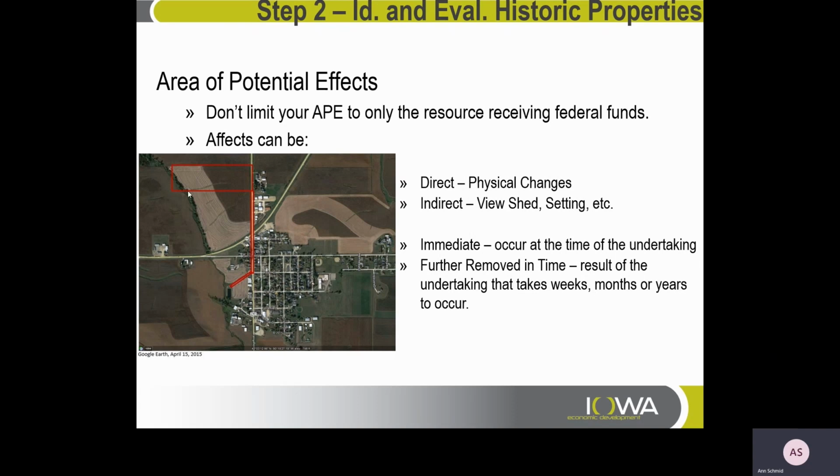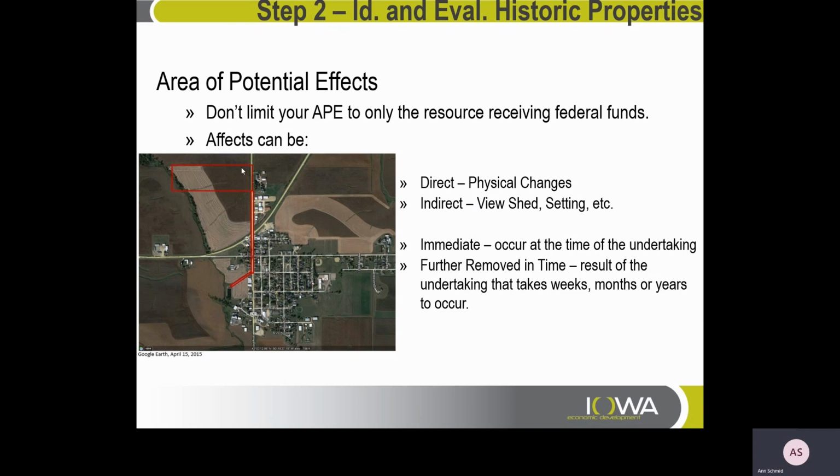In this example, I was originally provided this rectangle and told that the construction for the CDBG project would be limited to this agricultural area. But when I learned that it would be connected to an existing utility system, I had to ask the question of how will that connection occur? At first, I was told that other funds would be used, but as we look at the Historic Preservation Act, it requires us to connect all the links, to look at the whole picture, to look at the area of potential effects as: could we do this project but for the connection to the existing utility?